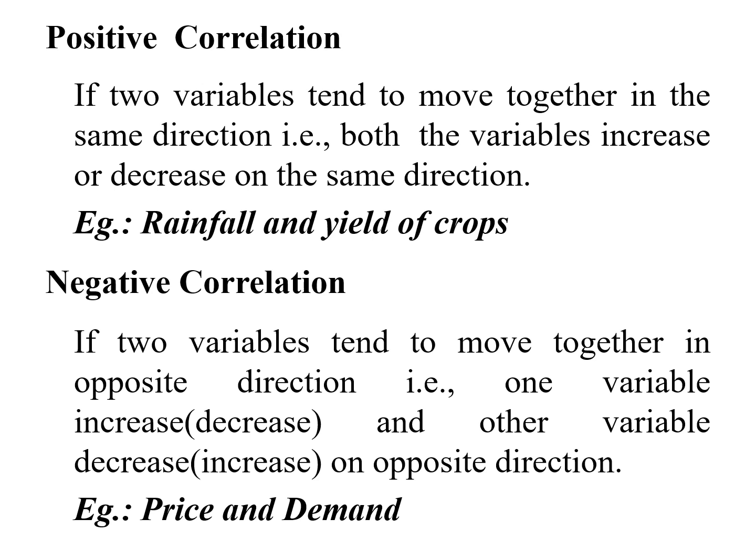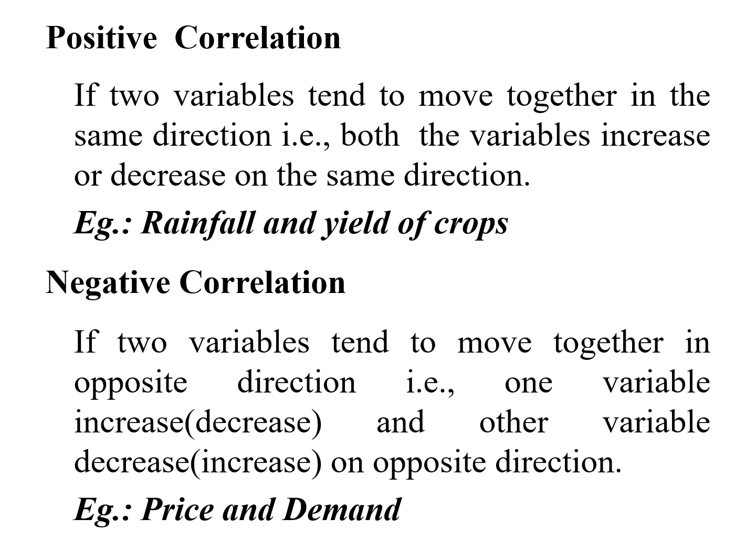If x increases, y also increases, that is positive correlation. If x decreases and y also decreases, that is also positive correlation. For example, rainfall and yield of crops. If the rain increases, the yield of crops also increases. If the rainfall decreases, the yield of crops also decreases. That is the example for positive correlation.